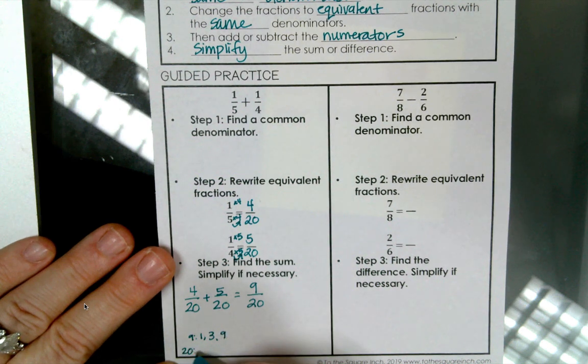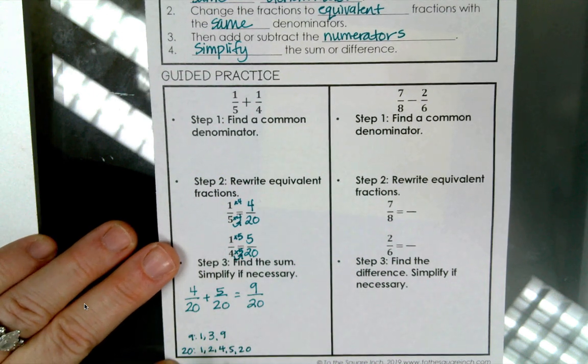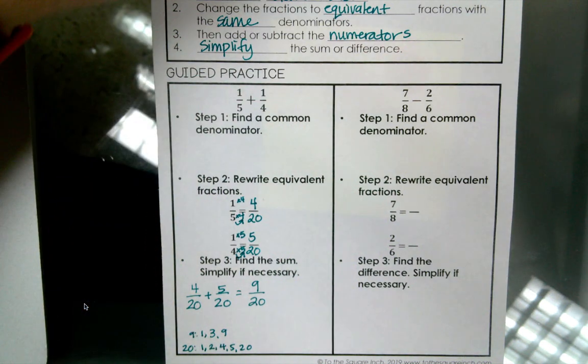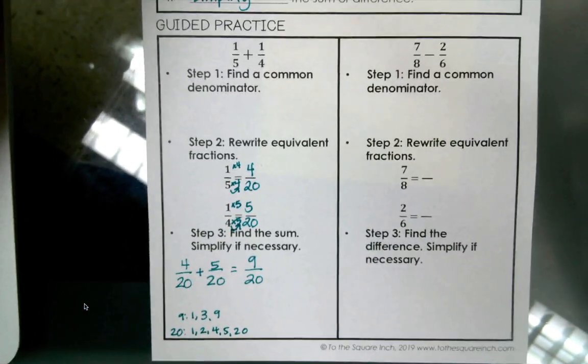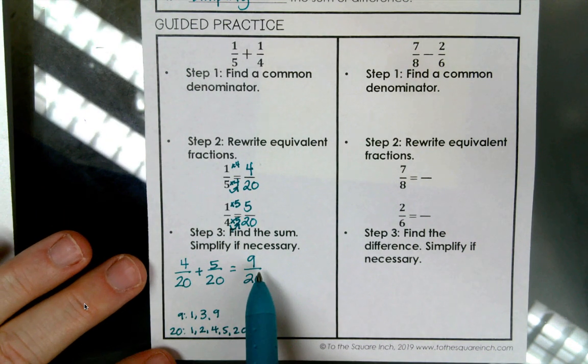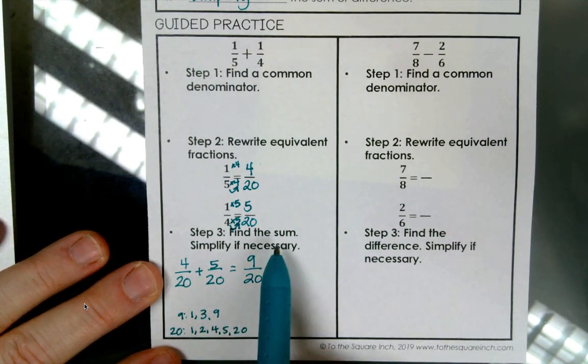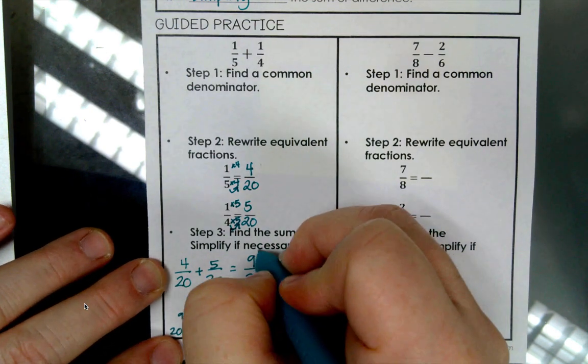Factors of 20 are 1, 2, 4, 5, and 20. As you can see, the only common factor is 1. So if the greatest common factor of two numbers is 1, you cannot simplify it. So this fraction is simplified already.